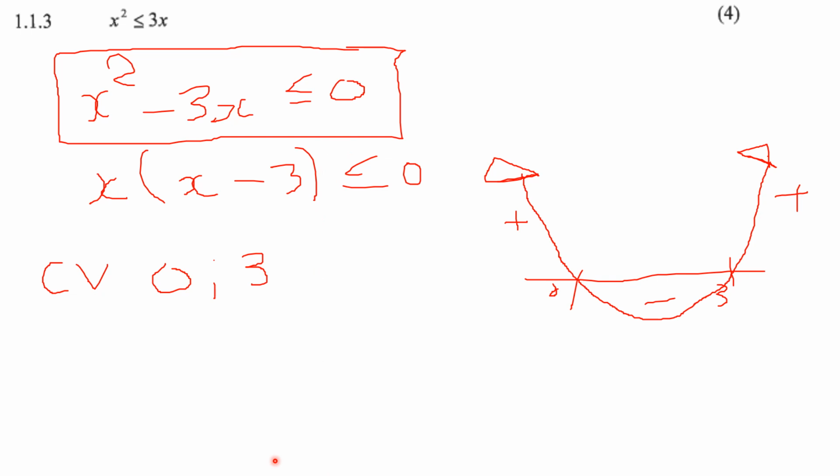That means the values of x whereby x squared minus 3 has values less than 0 will be between 0 and negative 3. So you're just going to say x is greater than or equal to 0, or x is less than or equal to 3. Don't forget the equal sign, because it says less than or equal to there.